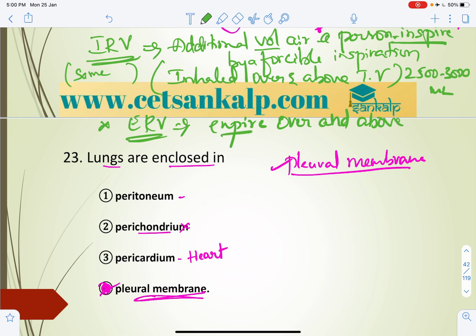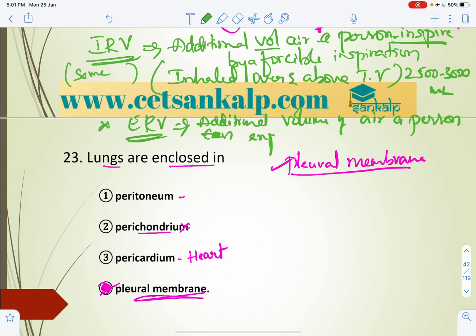So, over and above tidal volume, the additional volume of air a person can exhale by a forcible expiration.